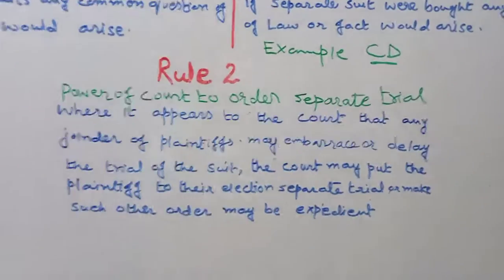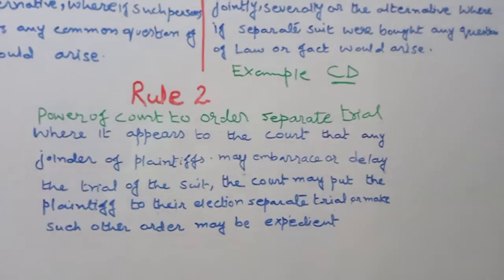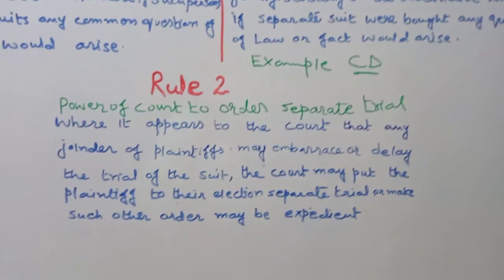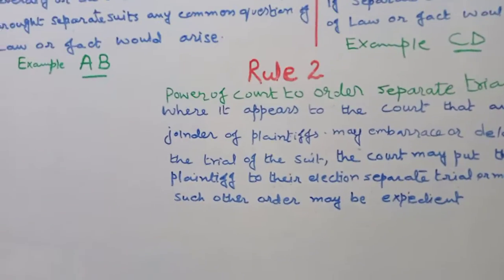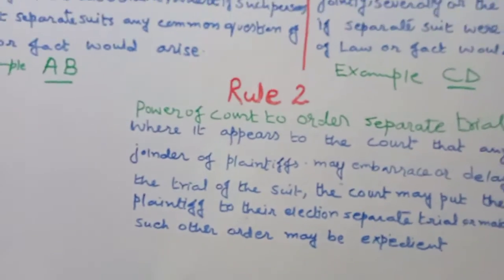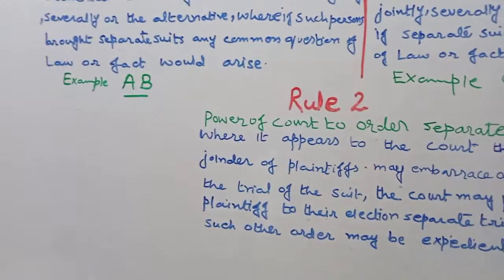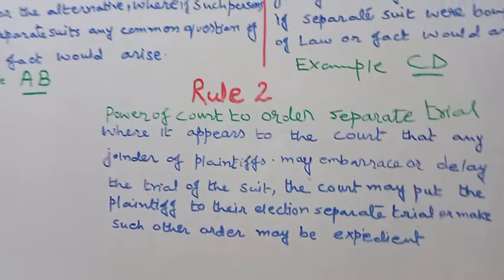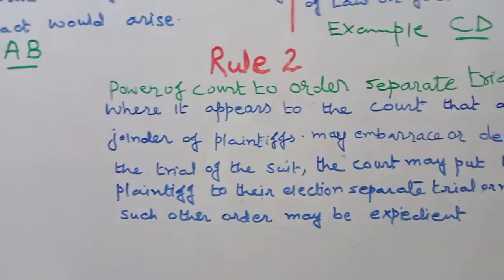All are coming, and sometimes only 3 or 2 are not coming, or they are making some lame excuses, so they are wasting court time, and the court will think that they are delaying the trial.